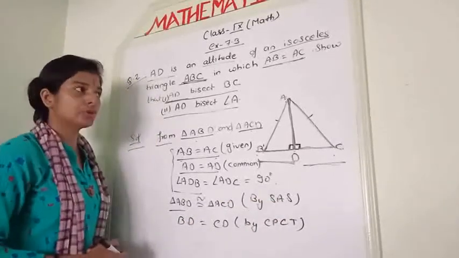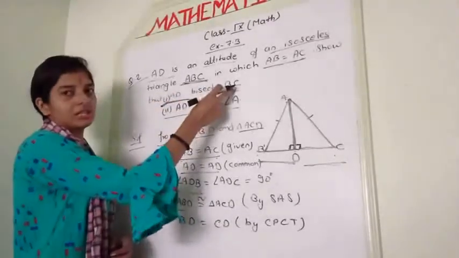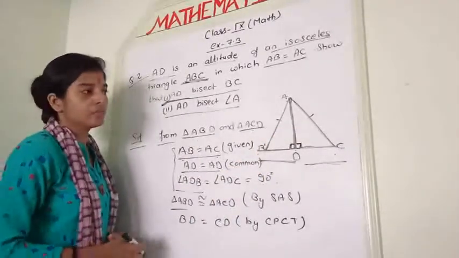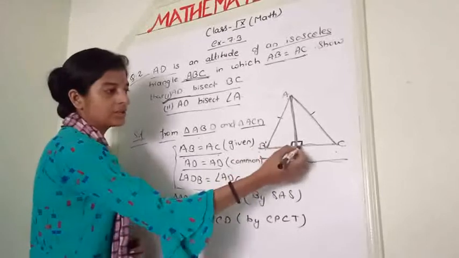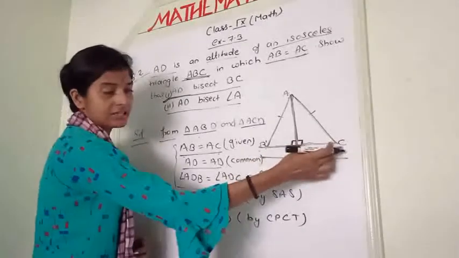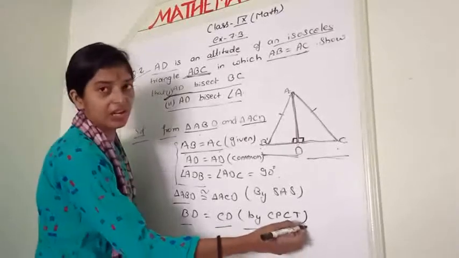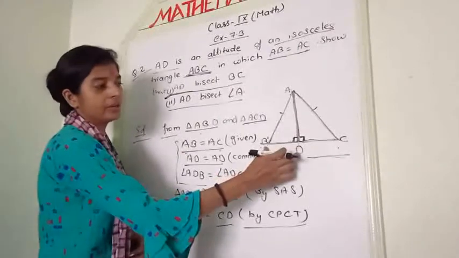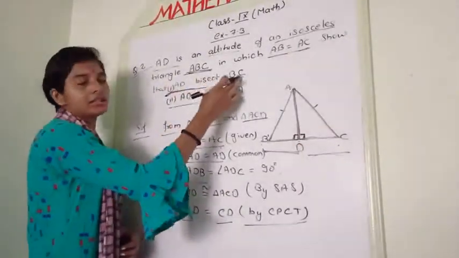Now come to the proving. We have to prove that AD bisects BC. As we have proved that these two triangles are congruent, now we can say that BD is equal to CD, by CPCT. And when we say that BD is equal to CD, then we can say that AD bisects BC.